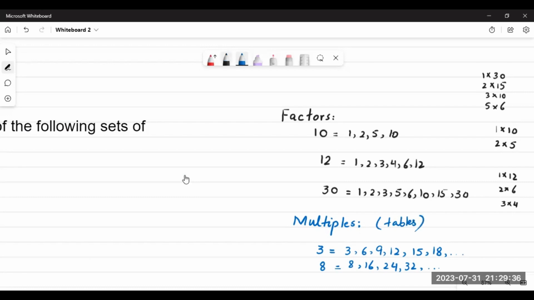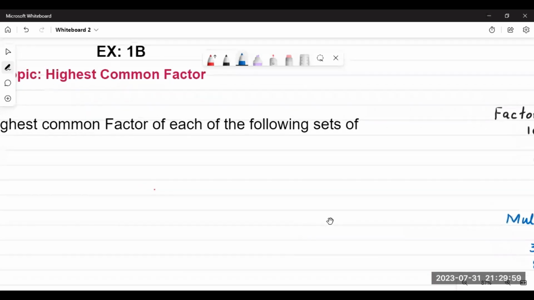But there is one important point you need to understand: the factors are limited only, but the multiples are unlimited. So now move to your question, how we find the highest common factor.